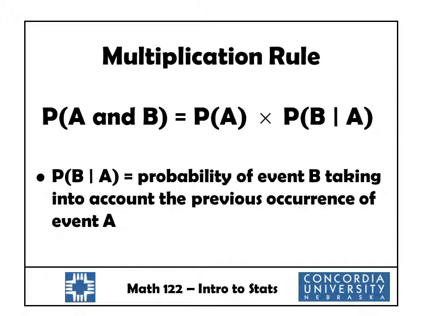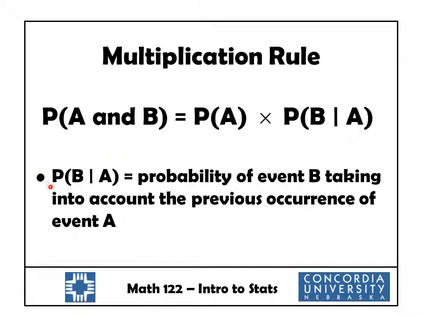The second rule is what we called the multiplication rule, which dealt with the situation where we have a probability of one event and a second event occurring at the same time. And this says that we take the probability of the first event times the probability of the second, given that the first has already occurred.